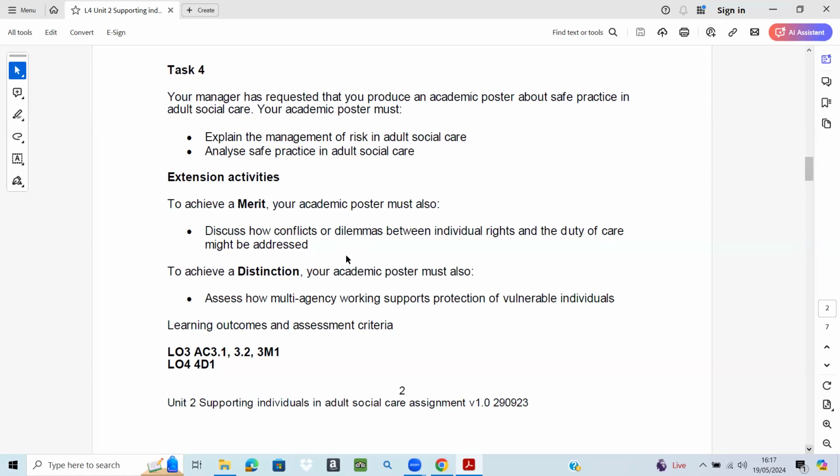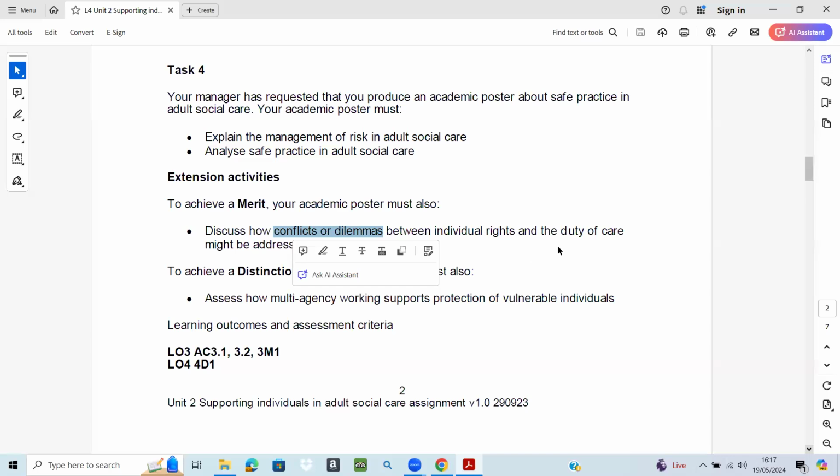We need to read the important aspects. For example, in this case we need to attempt the merit criteria, and for that we need to discuss how conflicts or dilemmas and the duty of care might be addressed. Both have an s at the end, so there should be more than one.